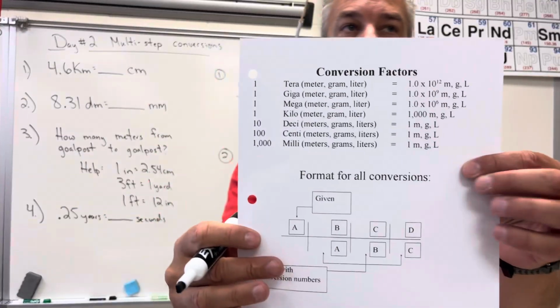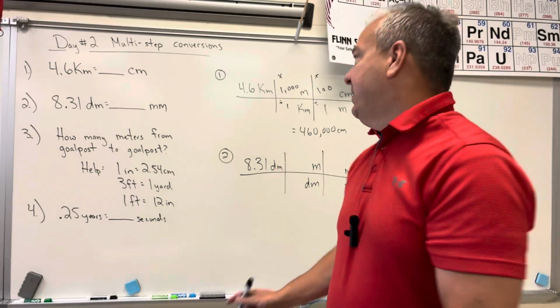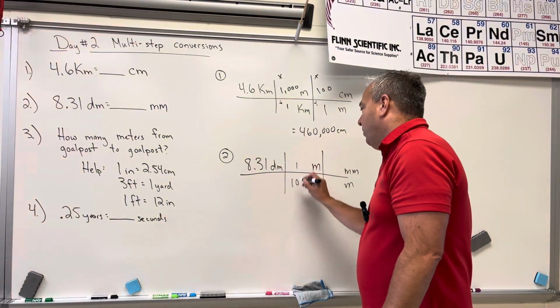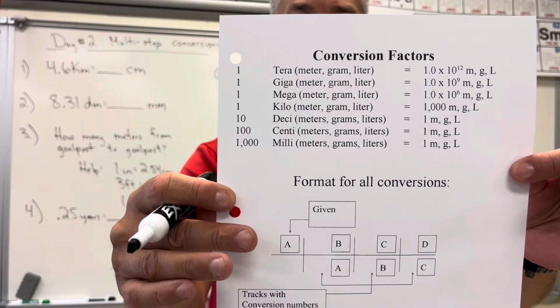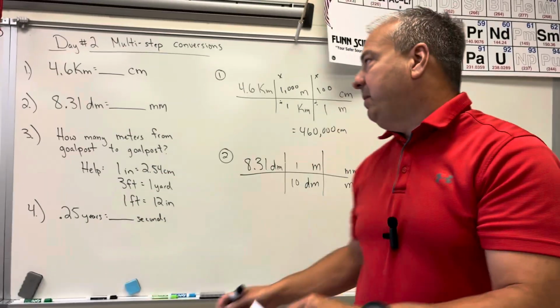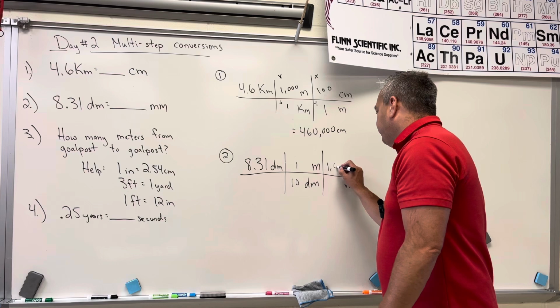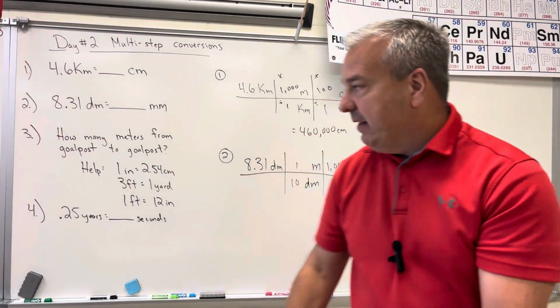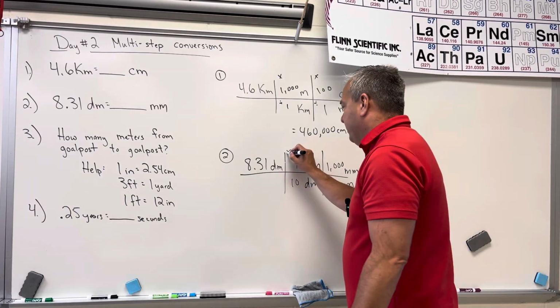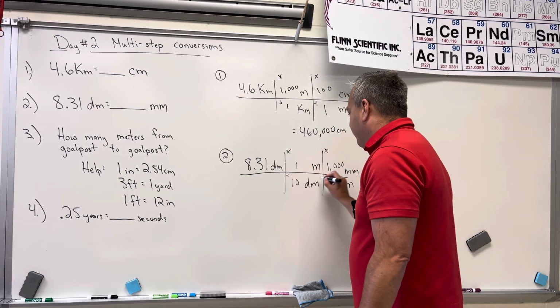If you look it up, the decimeters is 10 decimeters to 1 meter. If you look up the millimeters, okay, it's going to be 1,000 millimeters for every 1 meter. So in my calculator, remember, we're going to multiply on the top and we're dividing on the bottom.